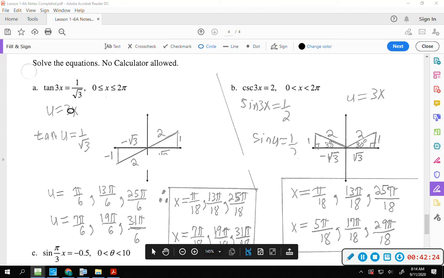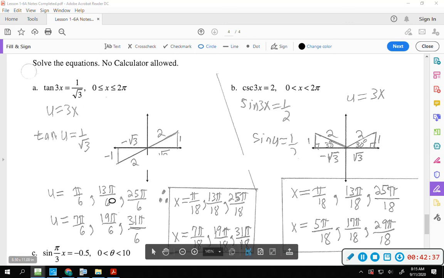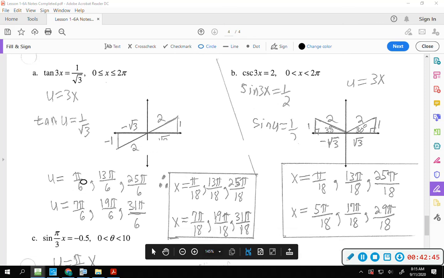This 3 essentially tells me I'm going to have 3 cycles, 3 periods, where I normally had 1 period. So I have to look at 2 more revolutions. How do I take the revolution of the same terminal angle? I add 2 pi. 2 pi is the same in this case as 12 pi over 6.